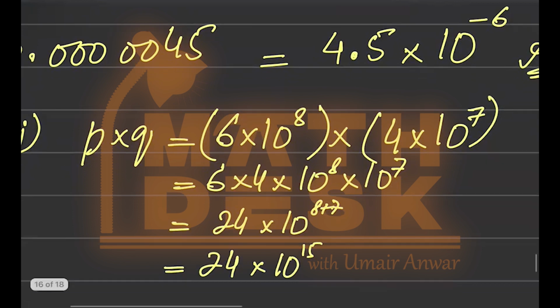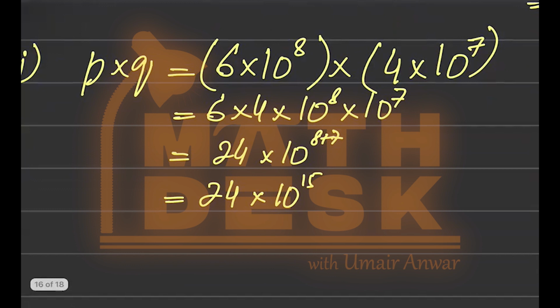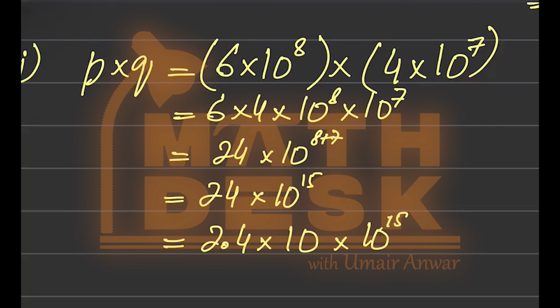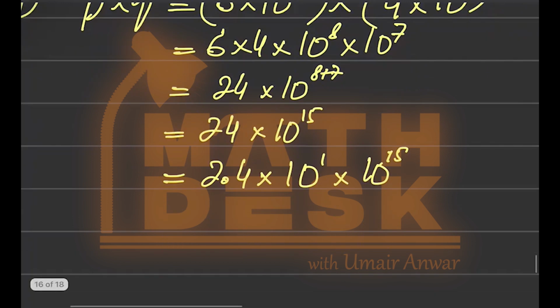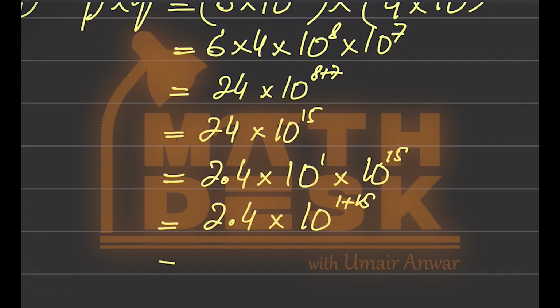Now, the number isn't yet converted into standard form because it is 24 and greater than 10. Decimal is over here. It is to be shifted one digit to the left. So it becomes 2.4 and the power of 10 should be 1 plus 15. So again, the bases are same. The indices would be added to each other. So 2.4 into 10 raised to 16 would be the final answer of this part.